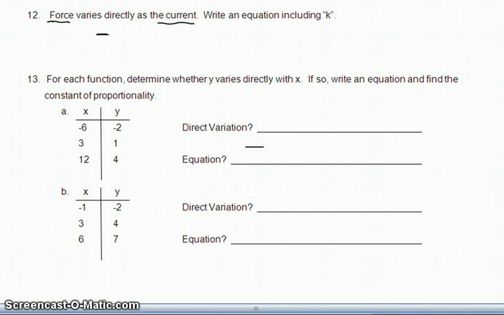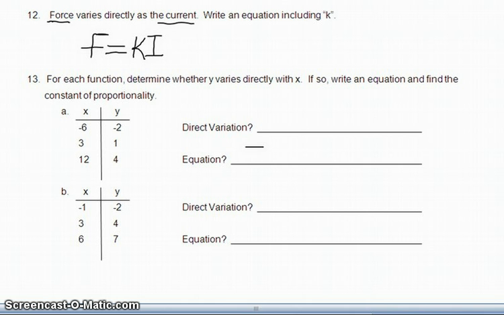I'm going to use F for force, varies directly, and I'm just going to use k, and then I'm going to use I for current. So F equals k times I. Now if they had given us some values, we could have gone from here and figured out the different scenarios.